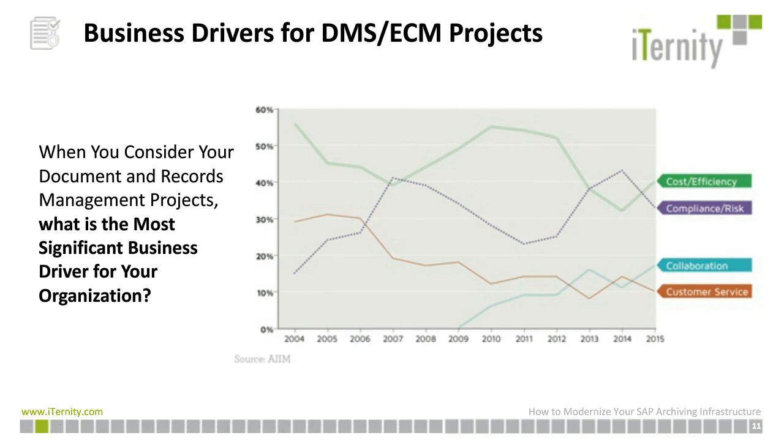I wanted to share the results of this survey with you just because while it focuses on ECM DMS within the survey, the same concepts really apply to looking at your archive storage infrastructure as well.